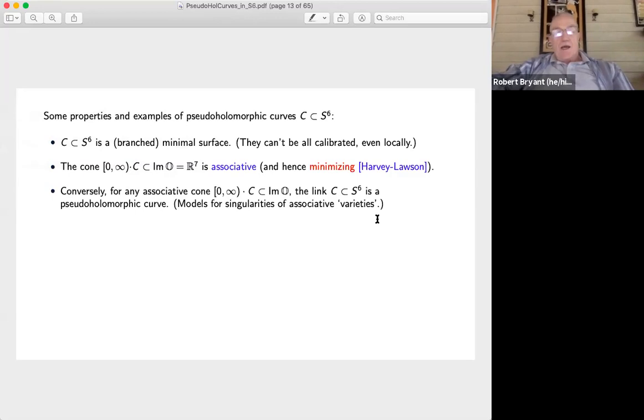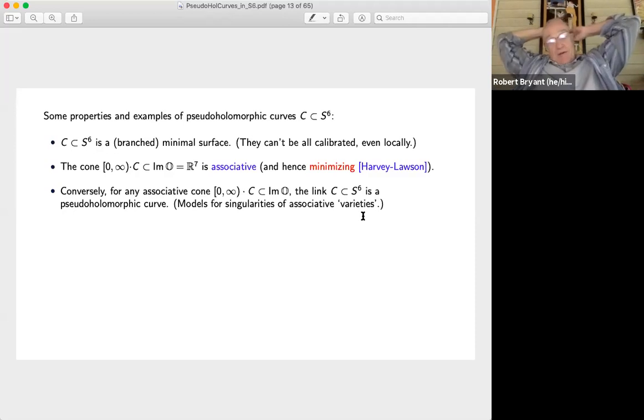And so what you would expect is that the singular locus of an associative, well, by Nurowski's big theorem, the singular locus has Hausdorff dimension at most 1 for an associative. And when you blow up and look at a cone, you would expect to be able to see singular lines. In fact, one can prove that any real analytic curve in a G2 manifold can be the singular locus locally of an associative threefold.